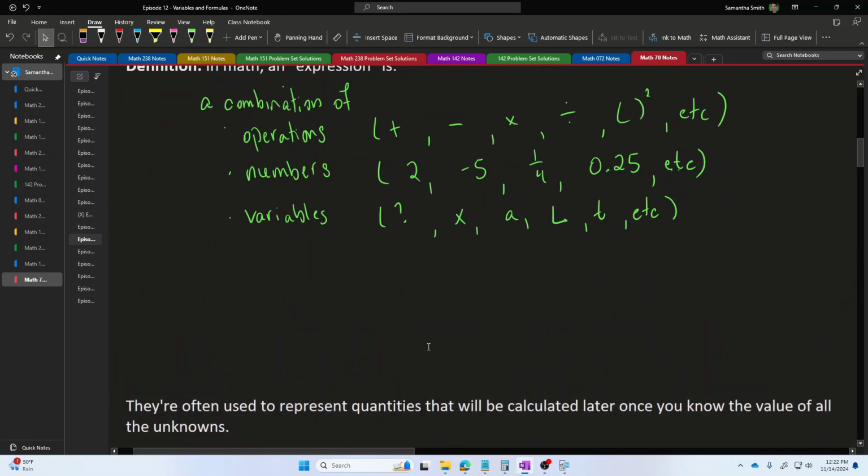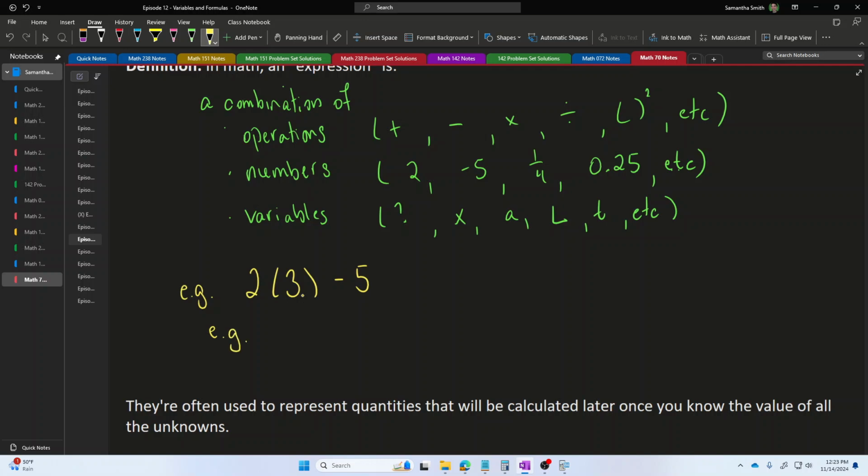So, for example, if I said I'm thinking about 2 times 3 minus 5, this would be an expression because this is a combination of the numbers 2, 3, and 5 with the operations multiply and subtract. Another example of an expression would be something like x plus 7.